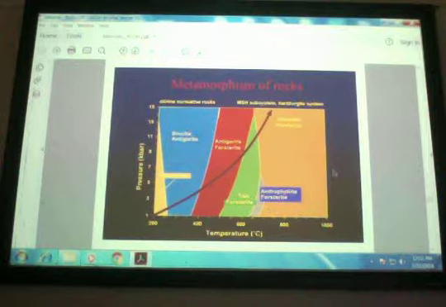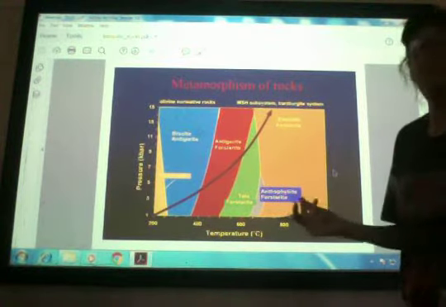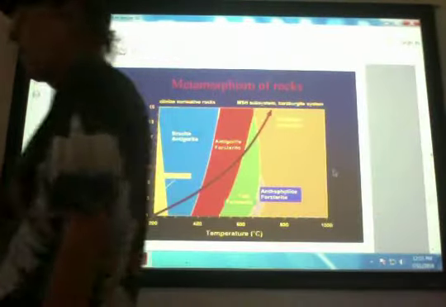So, and when we have orthoamphiboles, we have also clinoamphiboles. And therefore, we have the tremolite.